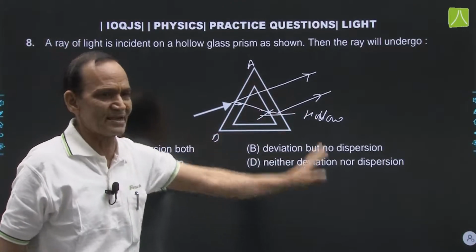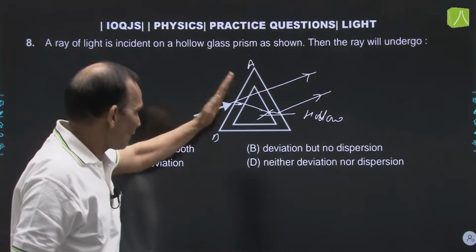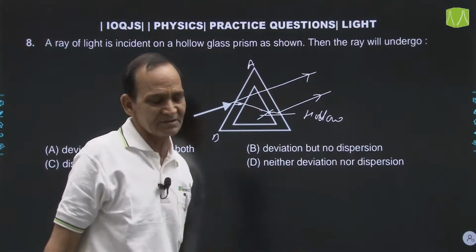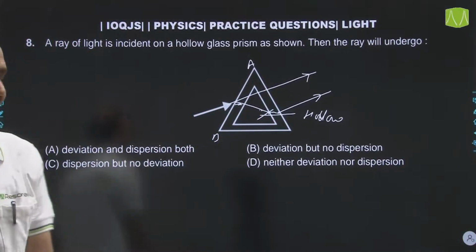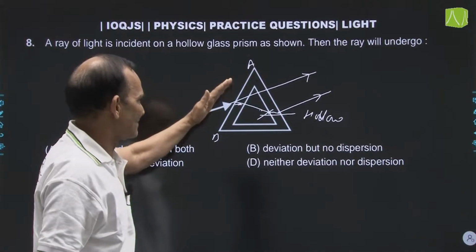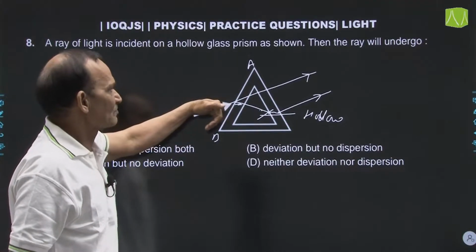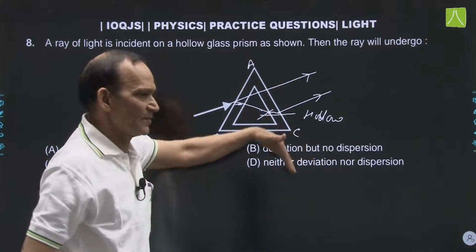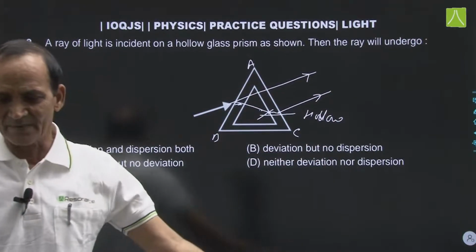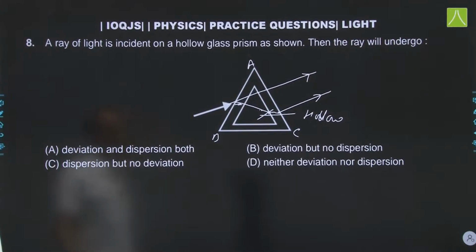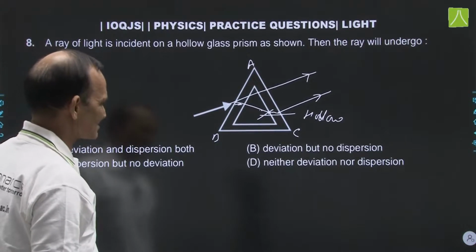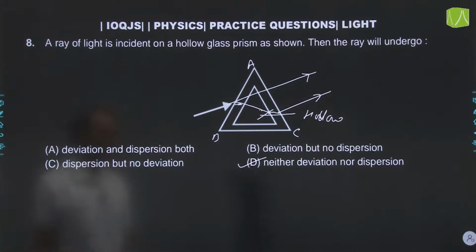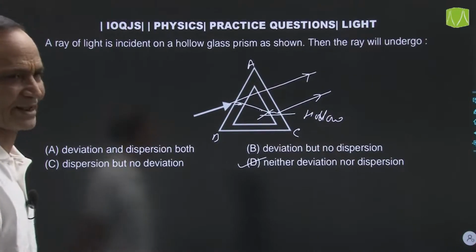Due to the first part there is some deviation, but due to the second part the deviation will be in the opposite direction, because the deviation due to AB will be clockwise and due to AC will be anti-clockwise. So that deviation will be 0. No deviation, no dispersion. So the correct answer is neither deviation nor dispersion. It is the correct answer of question number 8.